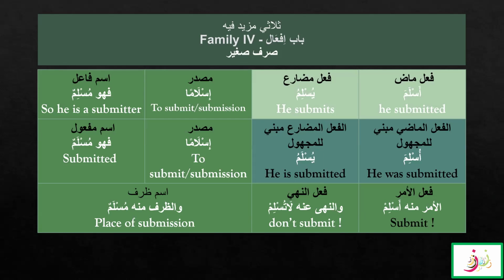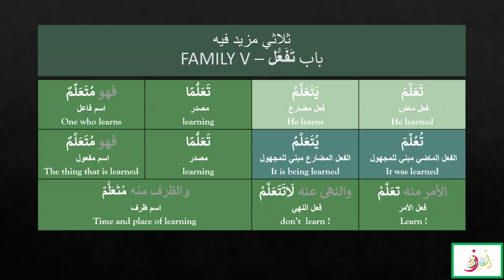So again, let's see Bab Tafa'ul, family 5. Again, see ta'allama, yata'allamu. We are not going to do the Saf Kabir for every chart. Just keep doing it at your homes and keep revising and practicing verbally. This is Fa'il Madi. He learned. U'allimu, it was learned, or he was taught, obviously he was not learned.